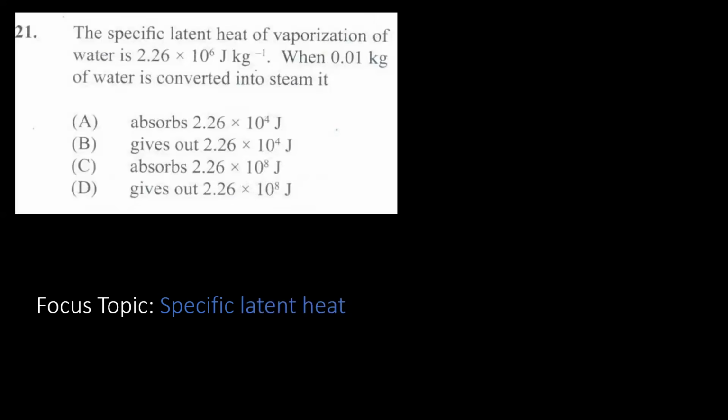Okay, question 21 also, well, specific heat, latent heat this time. And this asks that when 0.01 kilogram of water is converted into steam, what does it do? Absorb or give out energy?